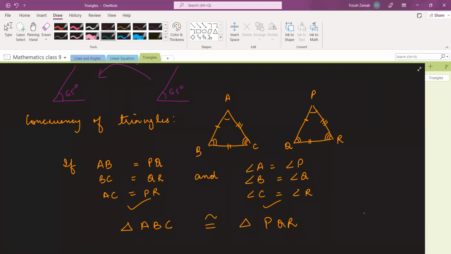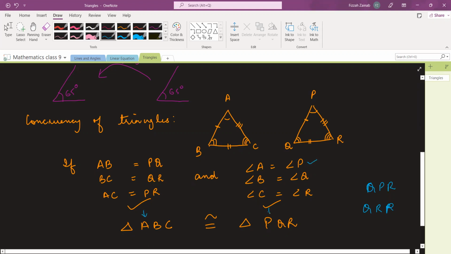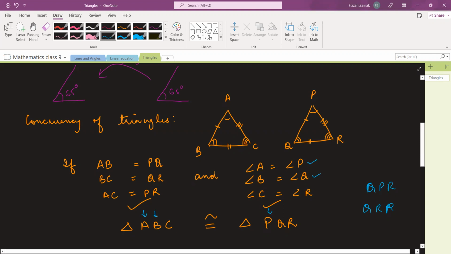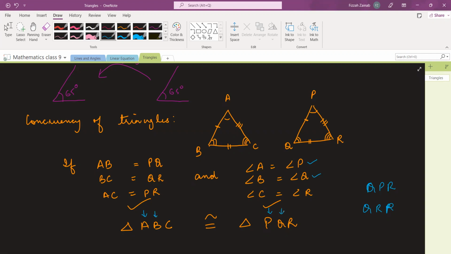Now, please note one thing again important here. I cannot write it QRP or QPR. Why? I have to write it correspondingly. As you can see, angle A is equal to angle P. So if I'm writing A first, I'll write P first. Then angle B is equal to angle Q, right? So correspondingly, if I'm writing B here, I'll write Q at the second place.